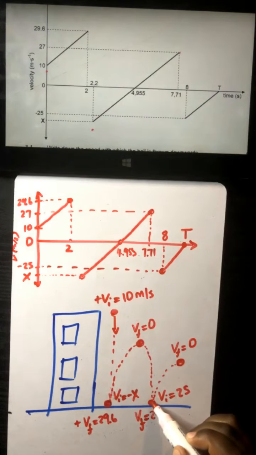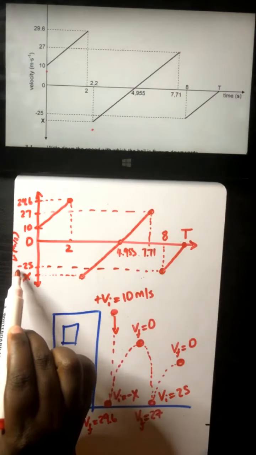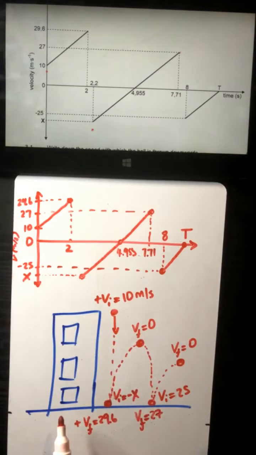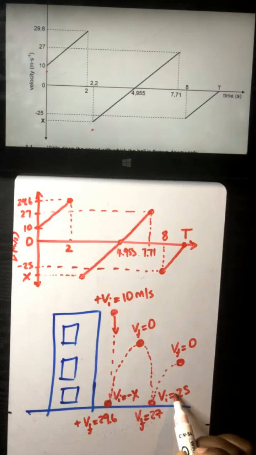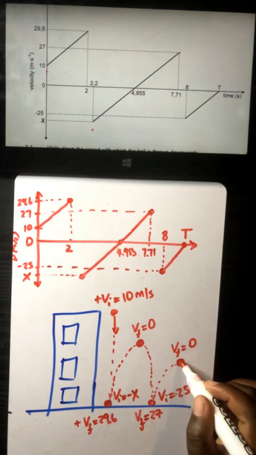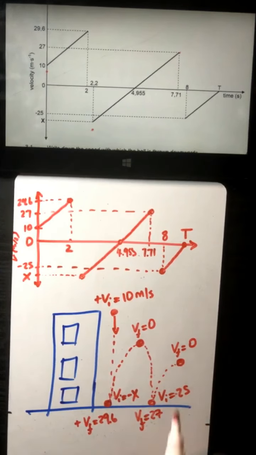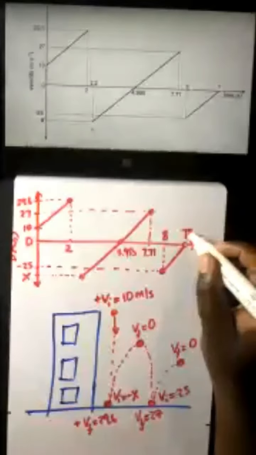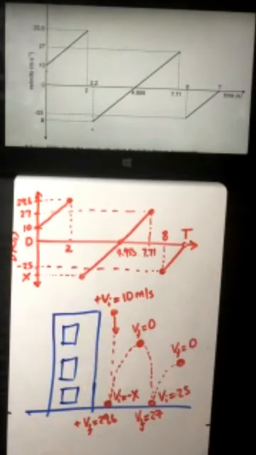It changes direction at that initial velocity of 25. Obviously, it's a negative 25, which indicates the direction. We know negative means it will be going upwards until it reaches its maximum height, where time is t.